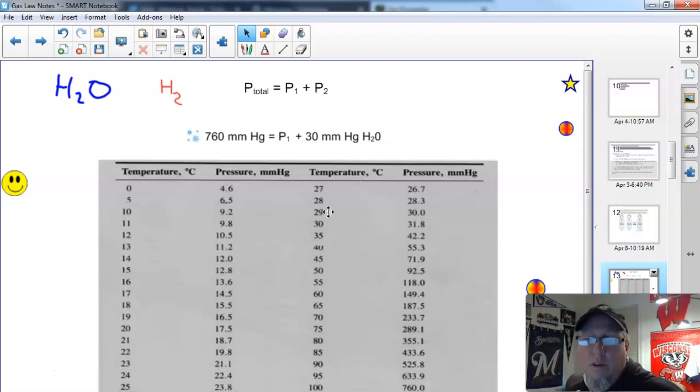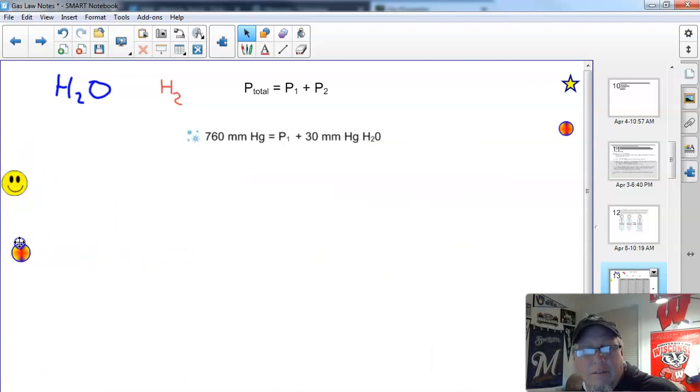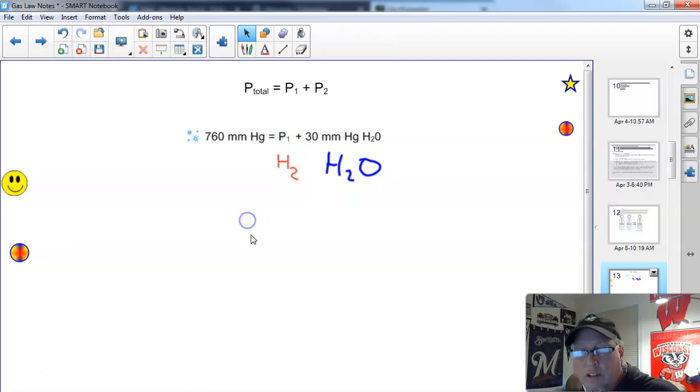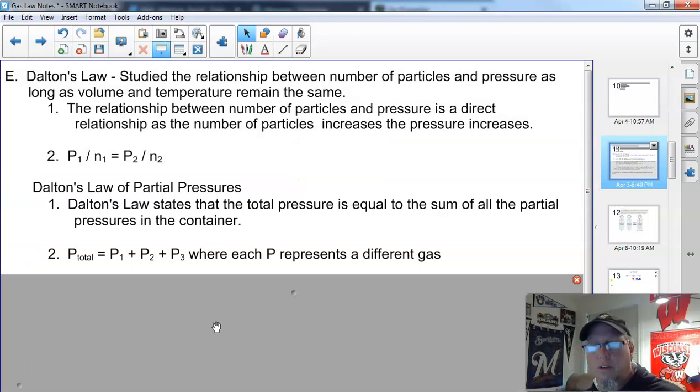Now that's really, really hot. I'm just using that to make the math easy, because if I know the total pressure and the pressure from water, I should be able to figure out what the pressure from my hydrogen is. It's going to have to be 730. So those are just some ways that these partial pressure problems could look.